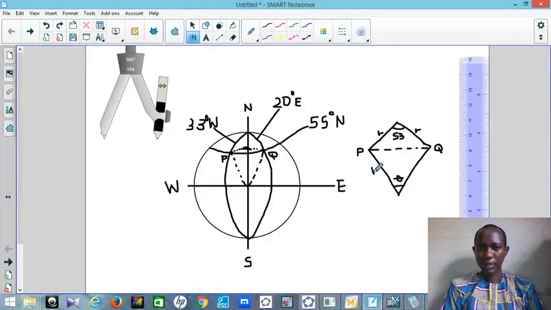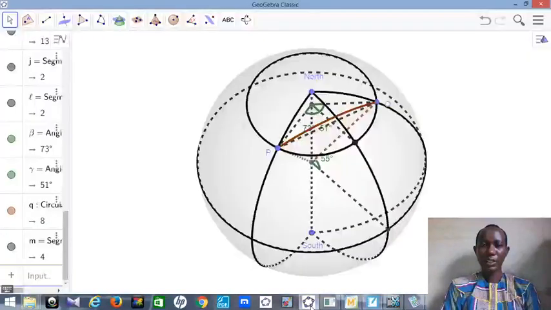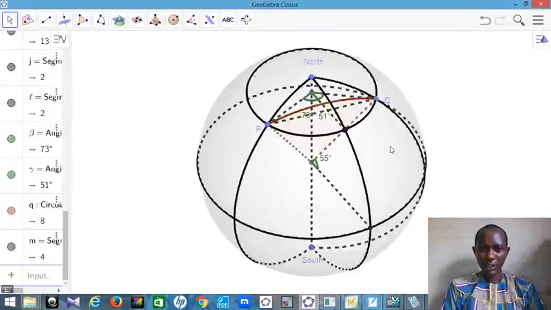Then this length is capital R, the capital radius, and this length is capital R as well. So take note of that. This PQ is a chord. We can now get the length of this curve, we equate it on both sides so that we can get theta. Then from there we can calculate the distance along the great circle.